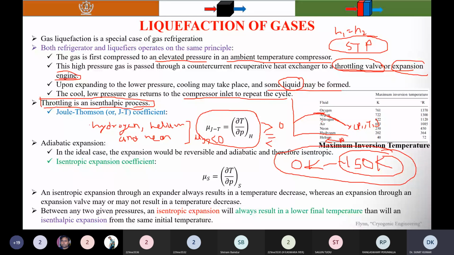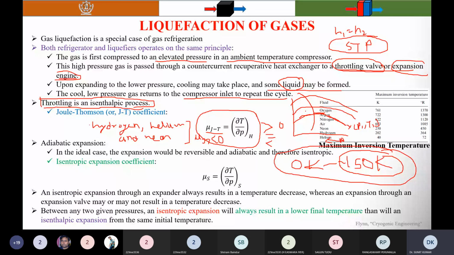At that point mu JT is zero, and then the temperature decreases when the pressure decreases. Similarly, you can do this for different inlet temperatures and pressures, and the locus of the points where mu JT is 0 gives you the inversion curve.